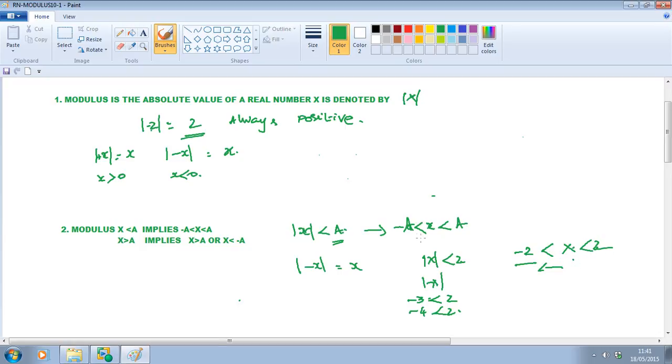Less than minus 2 is minus 3, less than minus 2 is minus 4, like this it decreases. Now what about minus 1.5? Minus 1.5 is greater than minus 2, so this is not the case.